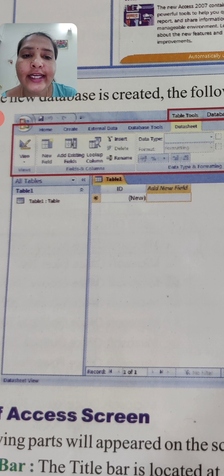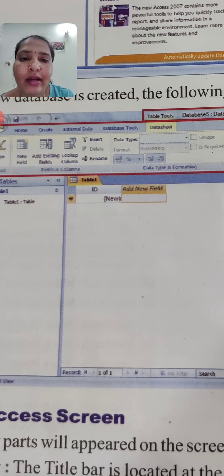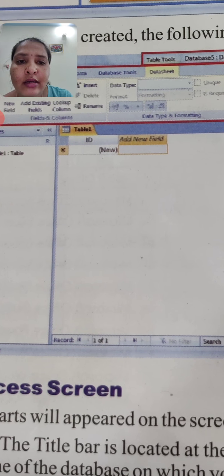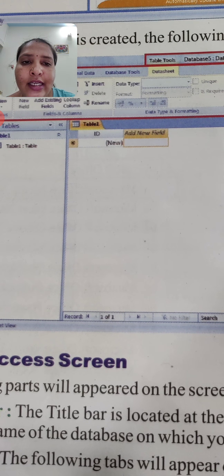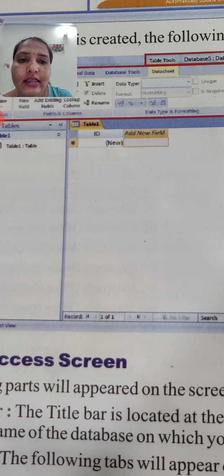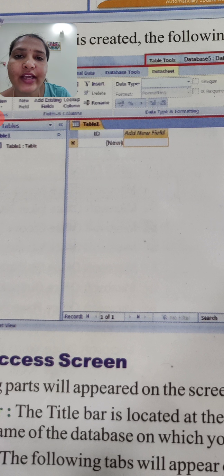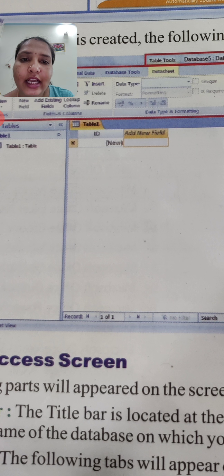For example, if you take student as the database, you write ID, student ID. See here, this is Table 1, and it contains fields like ID, and next they have given add new fields. In that we can write the name, and the next field we can also add. In that we can give the last name. So by that we can create a table.